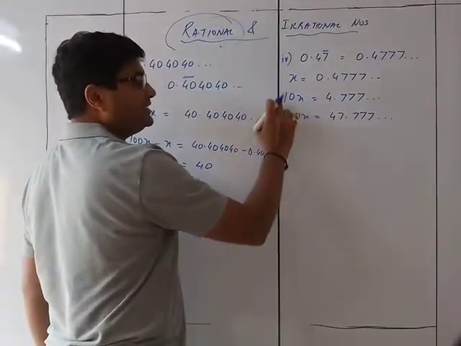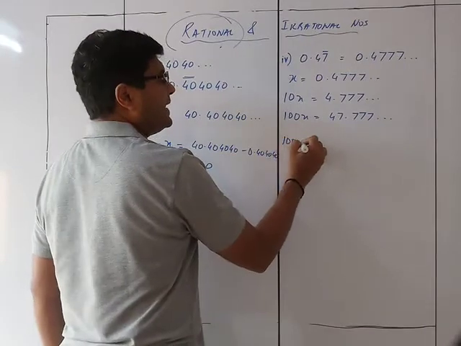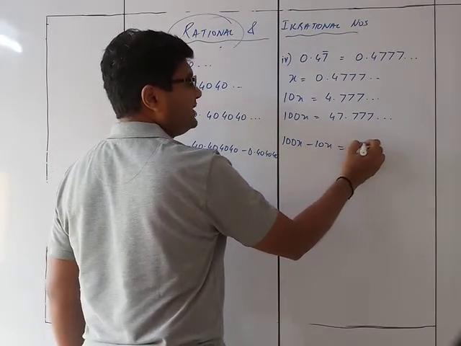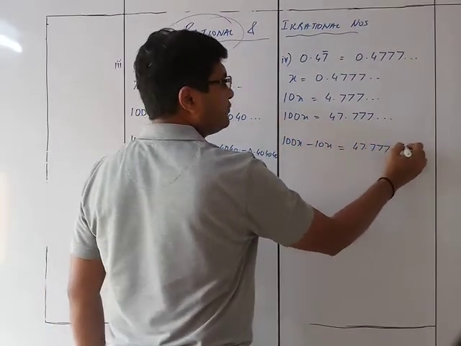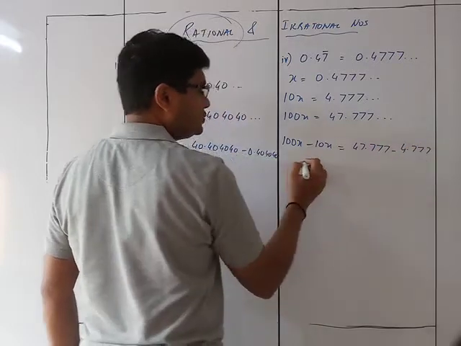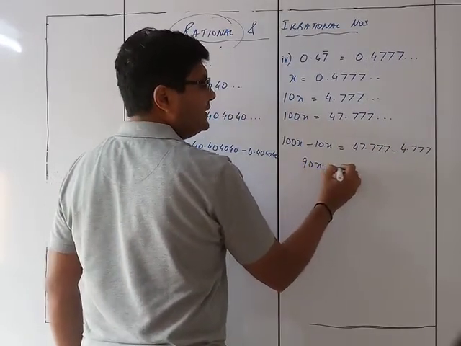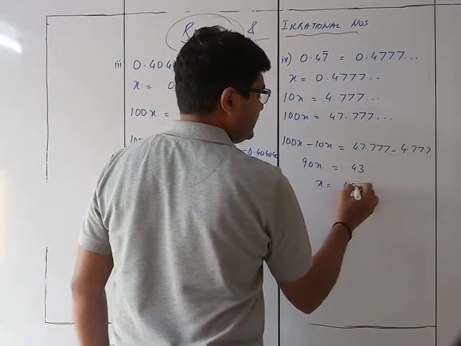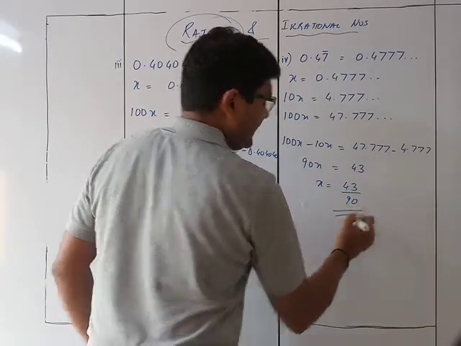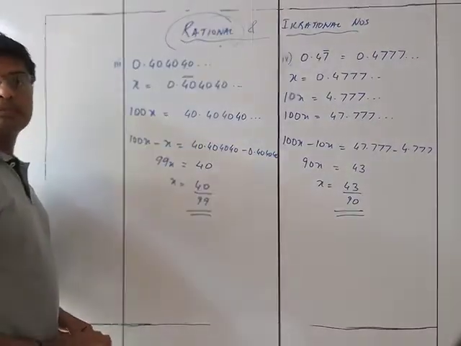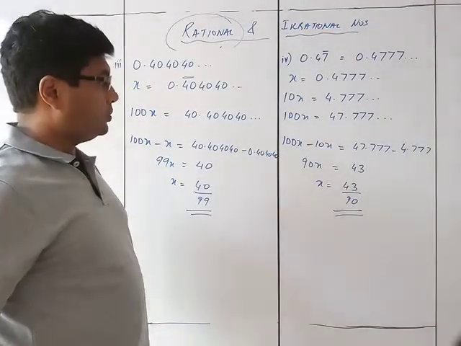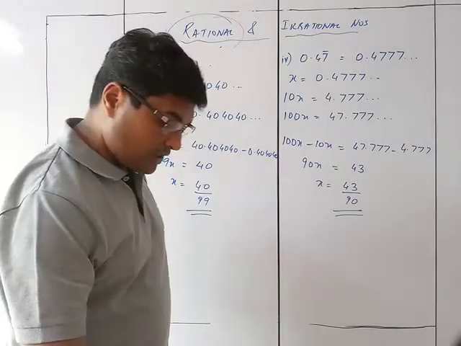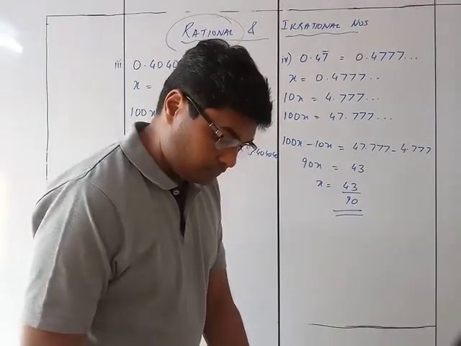So now I am subtracting 100x minus 10x is equal to 47.777 minus 4.777. So that gives me 90x is equal to 43. So x is equal to 43 upon 90 as the answer. Are we clear? So that was question number 4.